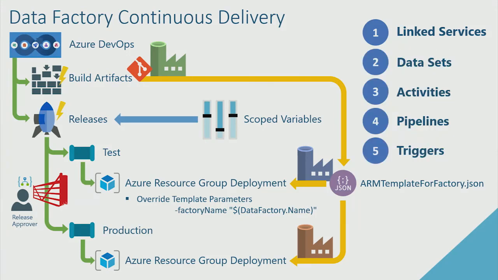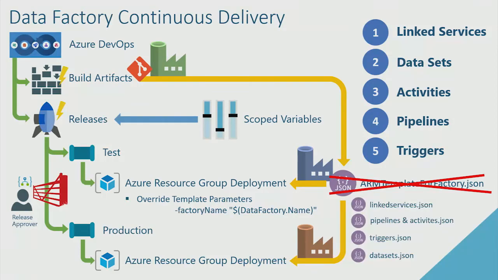Well, we can scratch that ARM template, and what we'll actually find is that if we look at our source code repo, we will find all of the JSON files for each component of our data factory in there, alongside that ARM template in that ADF publish branch. So what we could do instead is use those for the deployment. And in that case, we might scratch those ARM template tasks.